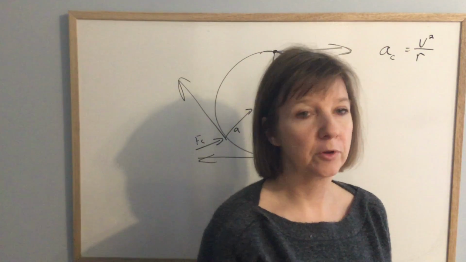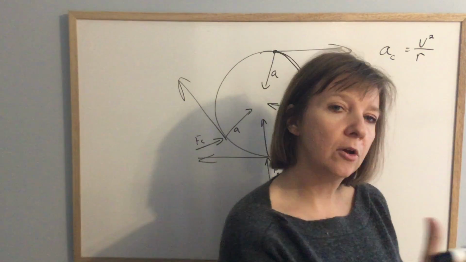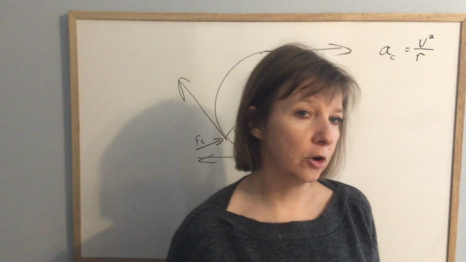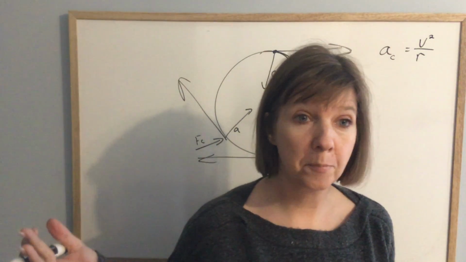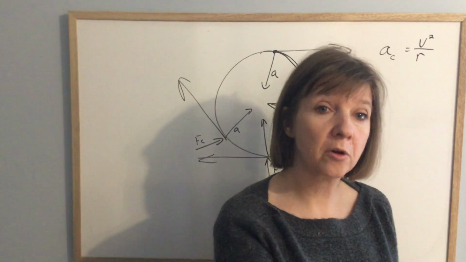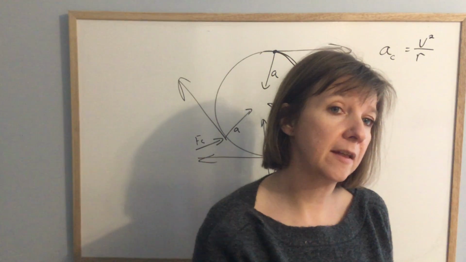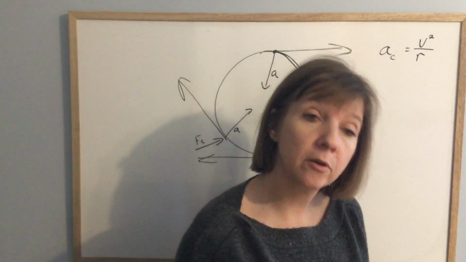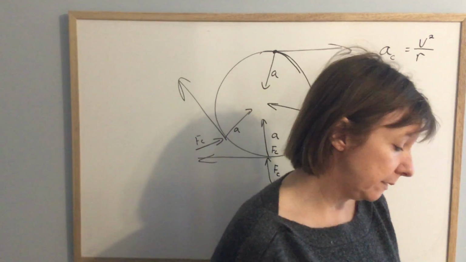There's a reason why it's not perfectly circular. But it goes in a path around the sun. Why doesn't our Earth just fly off into space? Well, it's because there's a centripetal force pulling us towards that sun. But what creates that centripetal force is the force of gravity from the sun.